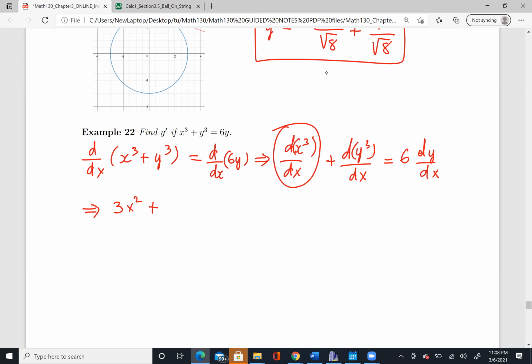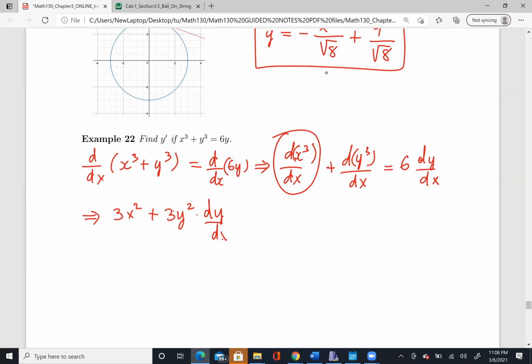So for this one, we know that y is a function of x. So I will write 3y squared times dy/dx. Okay, and then equal to 6 times dy/dx.